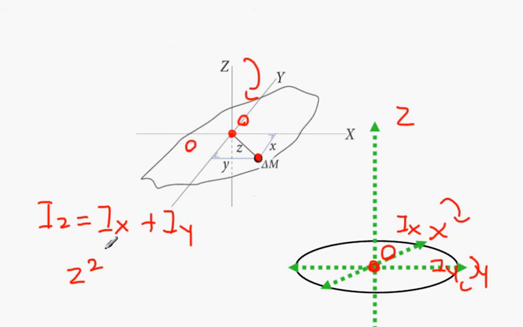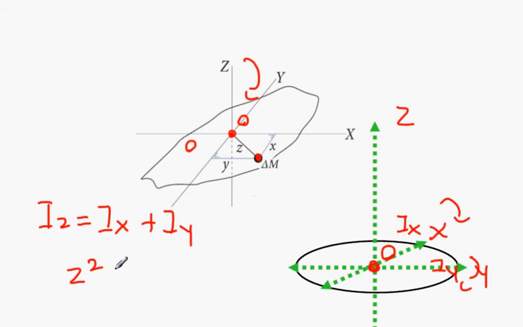Okay? So this means that z is the hypotenuse. y is the y displacement of that particle along the y-axis. x is the x displacement of that particle from the x-axis. You got it? So y is the distance from the y-axis, x is the distance from the x-axis, and z is the distance from the z-axis of this little particle delta m.